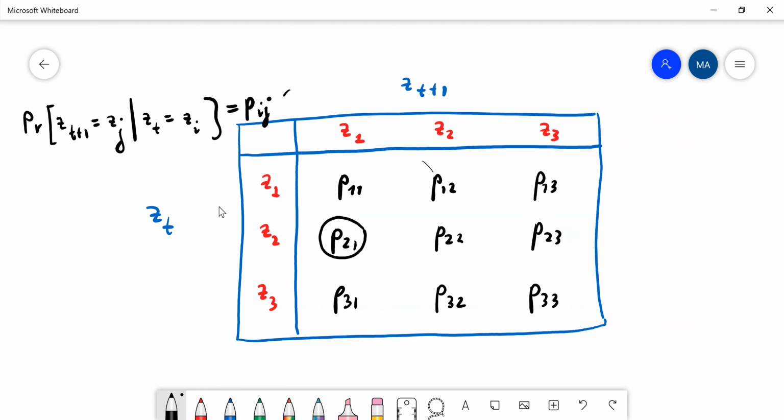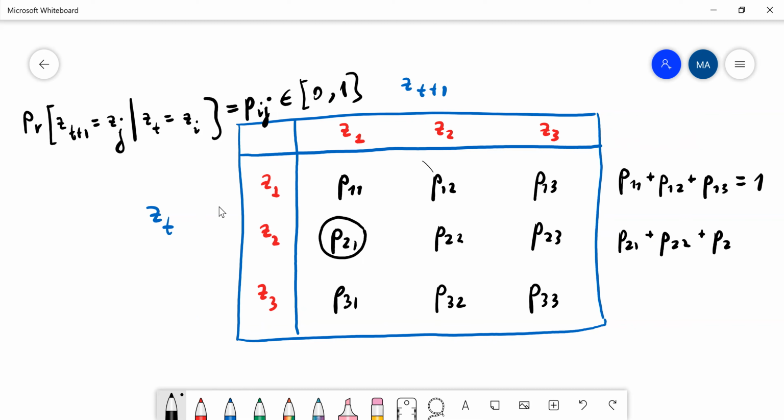Now in general, of course, we assume that each of these probabilities is between 0 and 1, but you should be careful about one thing here. The row sums must be equal to 1. In each row, these probabilities must sum to 1.